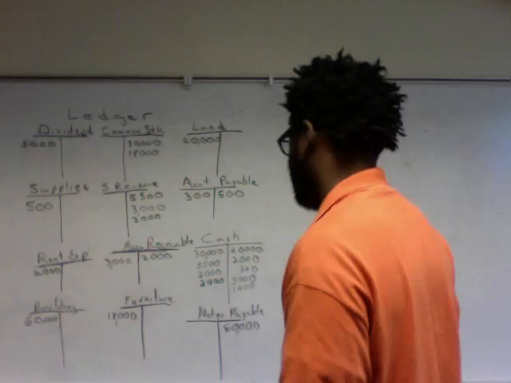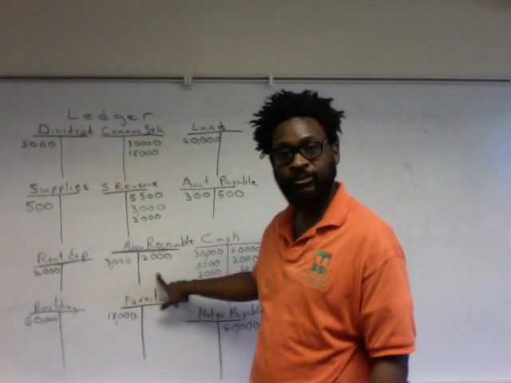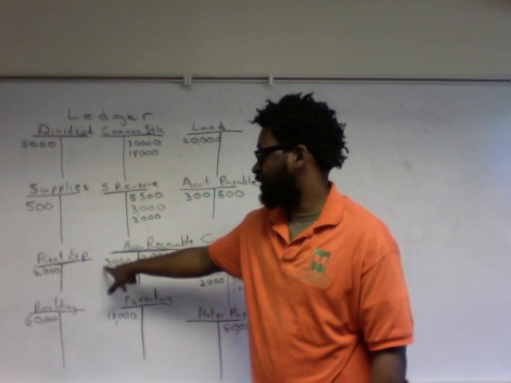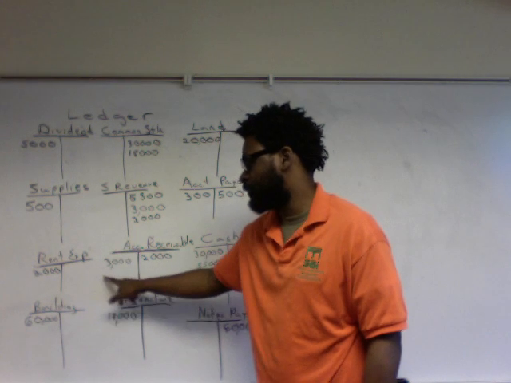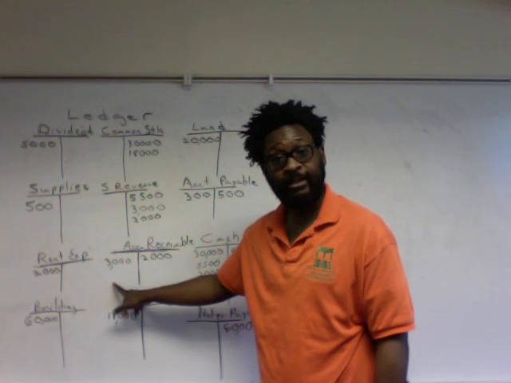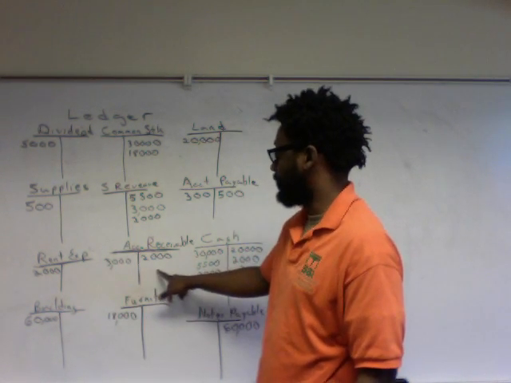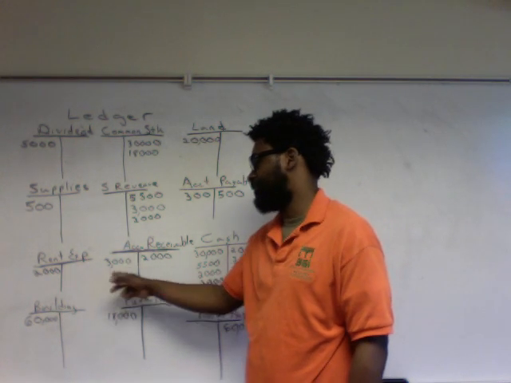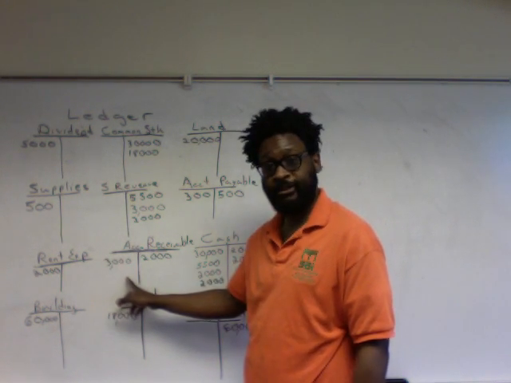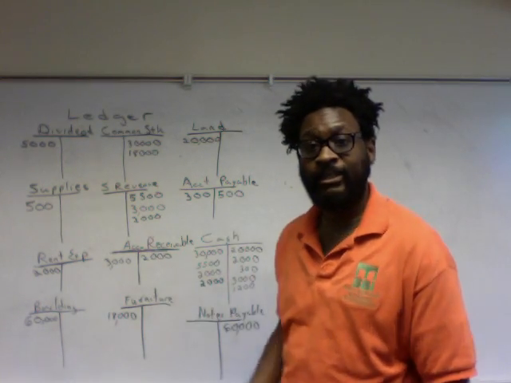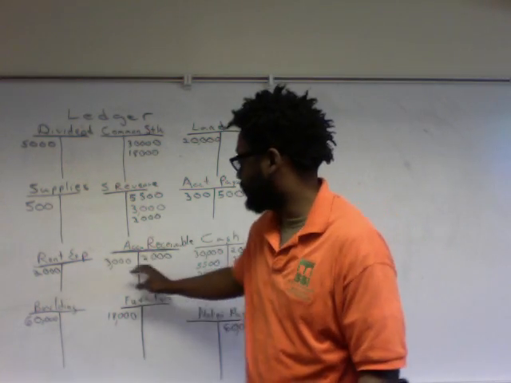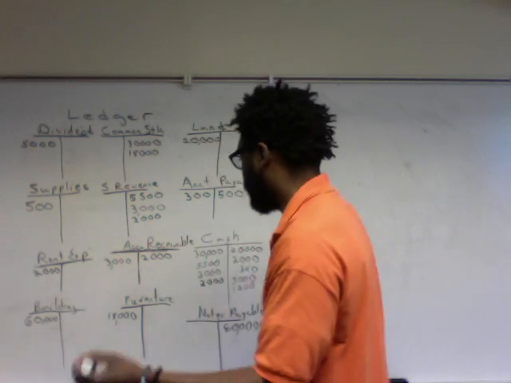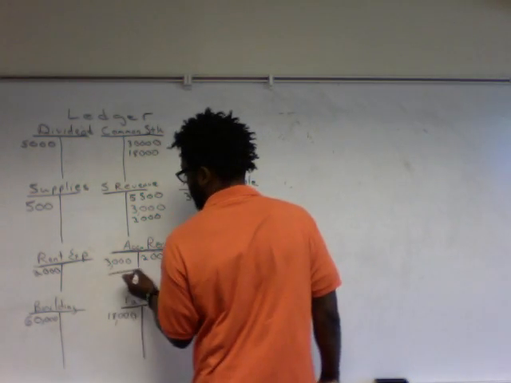For example, let's look at this accounts receivable. The accounts receivable has a debit amount total of $3,000, but a credit amount total of $2,000. So technically we've already added both sides. We have $3,000 on one side, $2,000 on the other. The next step would be to subtract the 2. So we subtract the 2 and we get $1,000. Now, the only other problem you have is where is the $1,000 going?